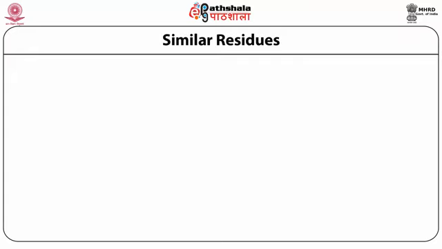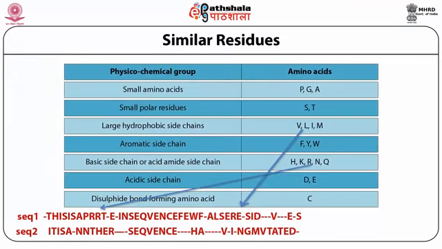Similar residues, say amino acids with similar physicochemical properties, are more likely to replace each other during evolution. Therefore, replacement amongst similar residues such as asparagine and arginine, as well as valine and leucine, both shown in red in this slide, can be allowed because they do not disrupt the three-dimensional structure of the mutated protein to a significant extent.